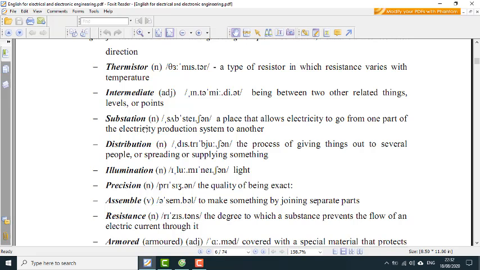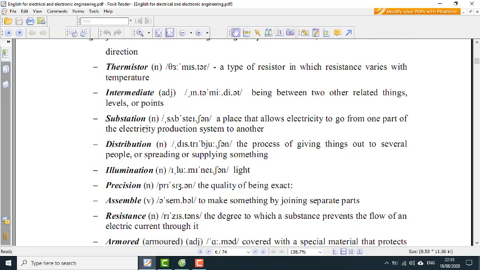Substation means a place that allows electricity to go from one part of the electricity production system to another.